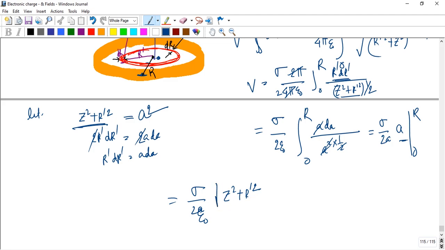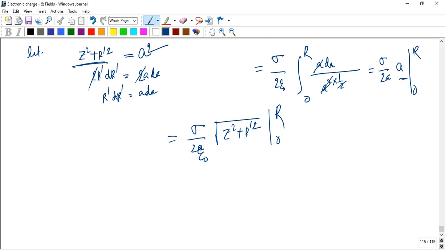Putting in the limit, we get the final answer: the potential at point P is sigma over twice epsilon naught, root of z square plus R square, minus z.